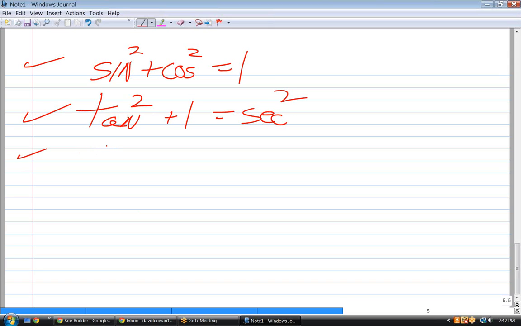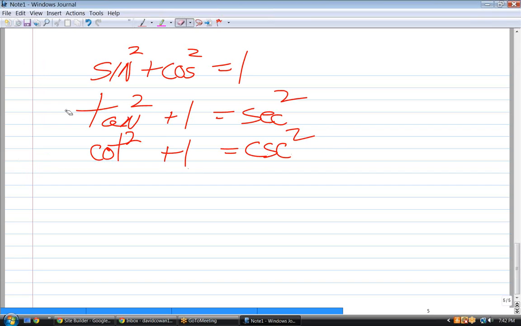In other words, the third identity is cotangent squared plus 1 equals cosecant squared. I left out the theta in all of these, but as long as there's only one variable, you can get away with doing that. The moment you have two different variables, like a theta and a gamma, then you can't leave it out.